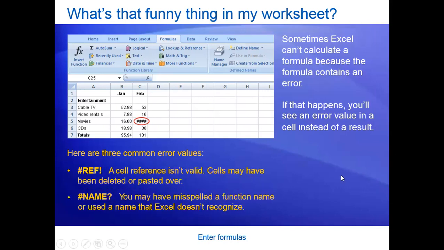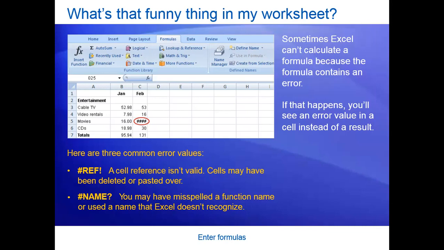Okay. Ito naman yung number sign tapos REF. A cell reference is not valid. Ibig sabihin nun, cells may have been deleted or pasted over. Kumbaga, may ibang laman yung formula o yung values mo, yung mga data na in-enter mo.